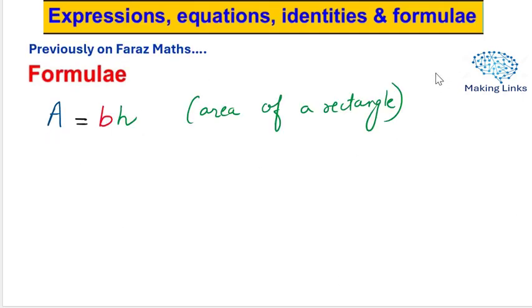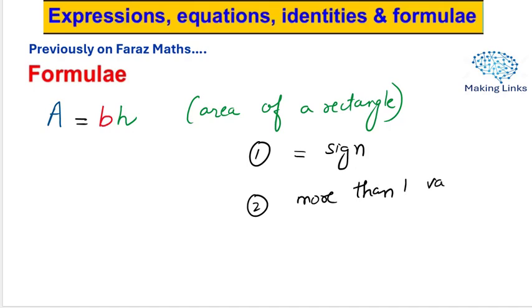Okay, the next thing we have to learn here is the formula. So that's the formula of the area of a rectangle. Area of a rectangle is base times height. Here we have to understand that in a formula we again have an equal sign. The second thing is that it has more than one variable, or you can say letter.